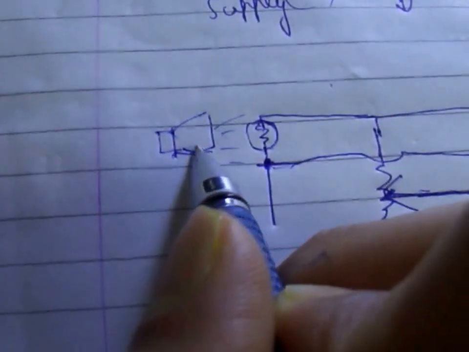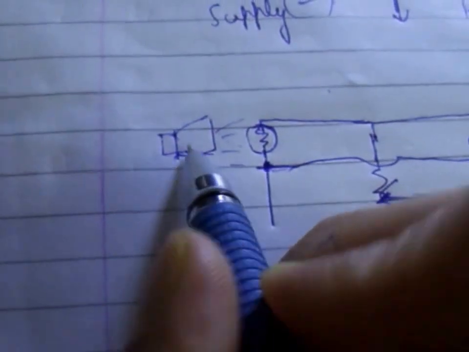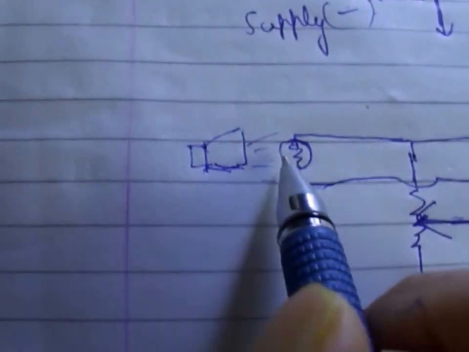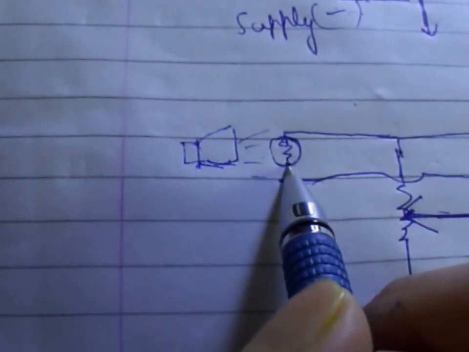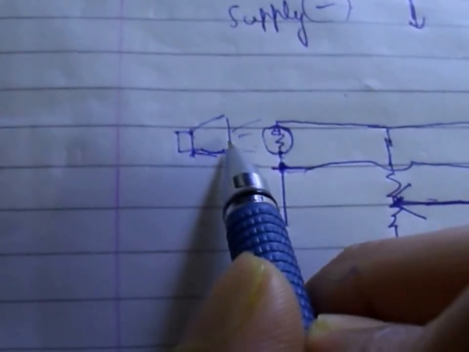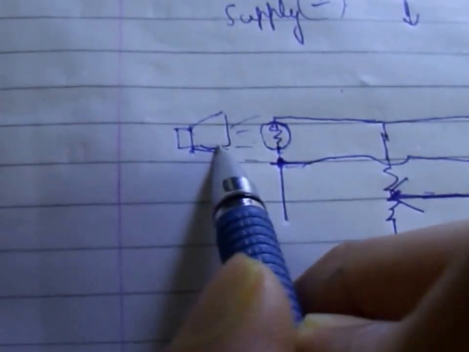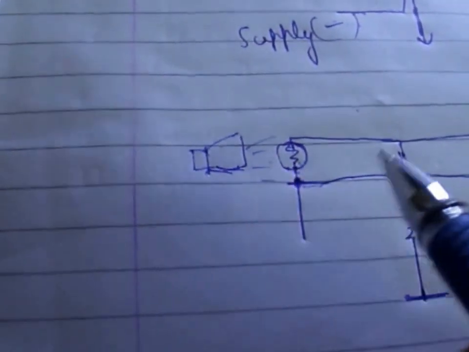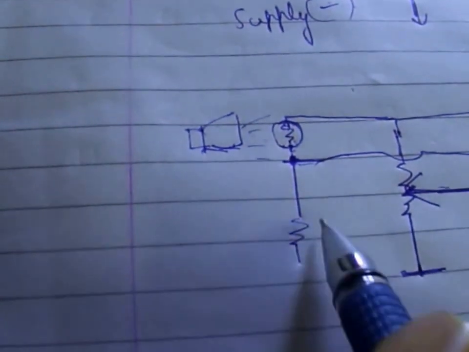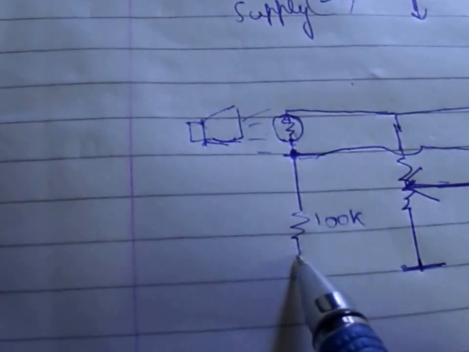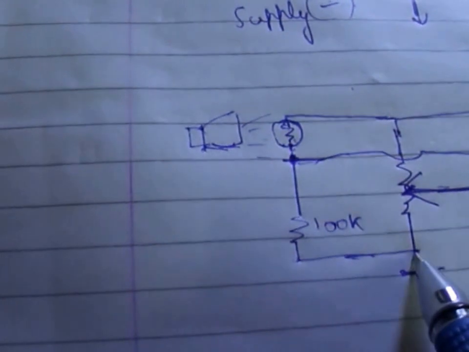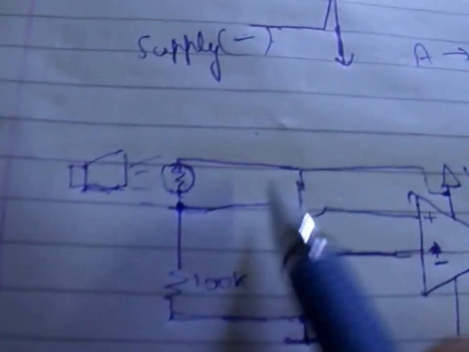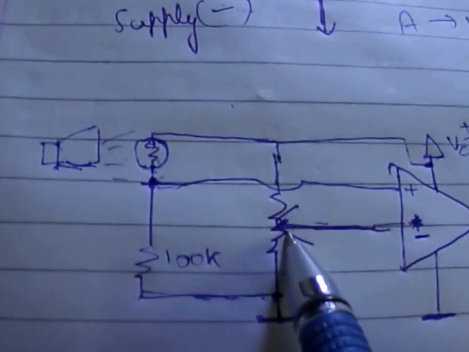This is the light source which is falling on it, and as the distance of this light source from this increases, the resistance will rise up, and as the light source is coming near to it, it means more light intensity is there, its resistance will decrease. And I connect a 100k resistance, and connect the remaining end to the ground. So this is also a potential divider, this is also a potential divider.